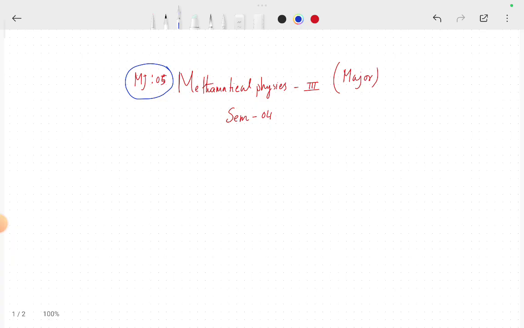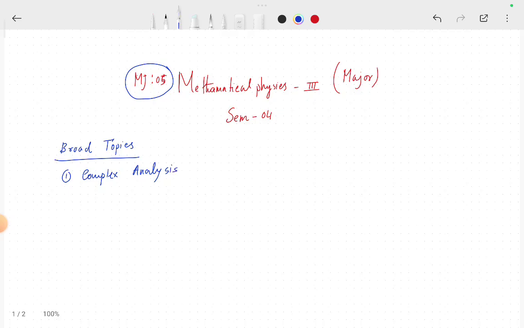In mathematical physics 3 there are two broad topics. One is complex analysis, which is very important.